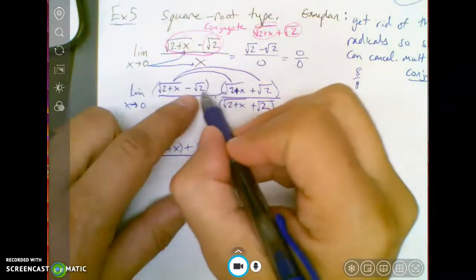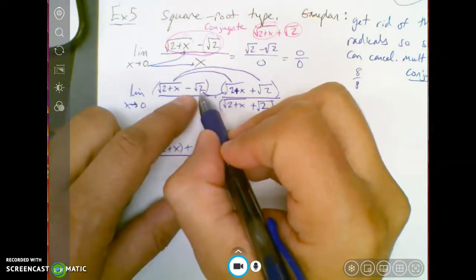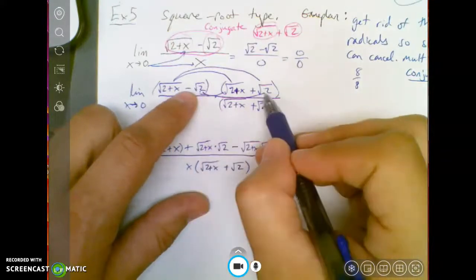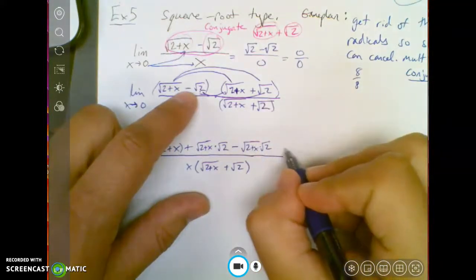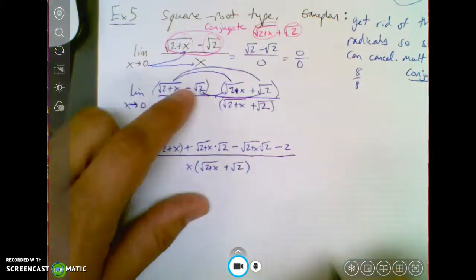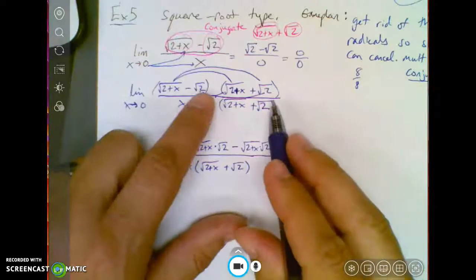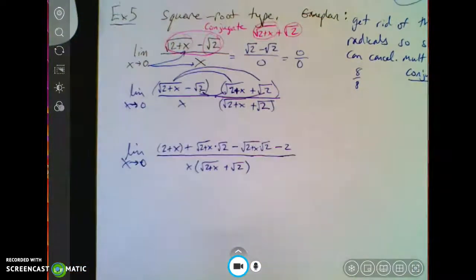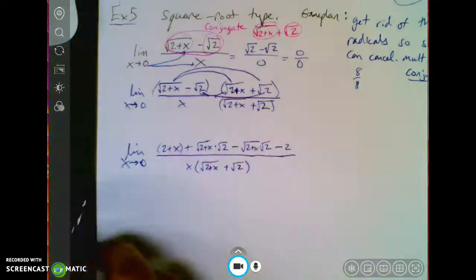The last part, people can still make a mistake even though it's not the hardest thing ever. When you have a negative radical 2 times a positive radical 2, you want to make sure you write minus 2. Because a radical 2 times a radical 2 is 2. It's that negative sign. Sometimes people forget it. If you mess that up, stuff won't cancel.